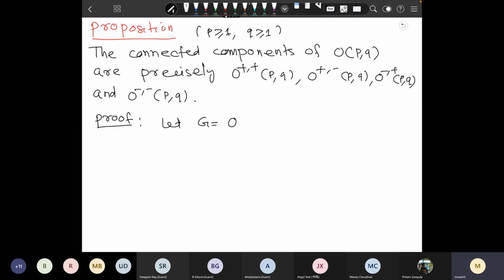Let G be equal to O P comma Q. We already know that G has 4 components.